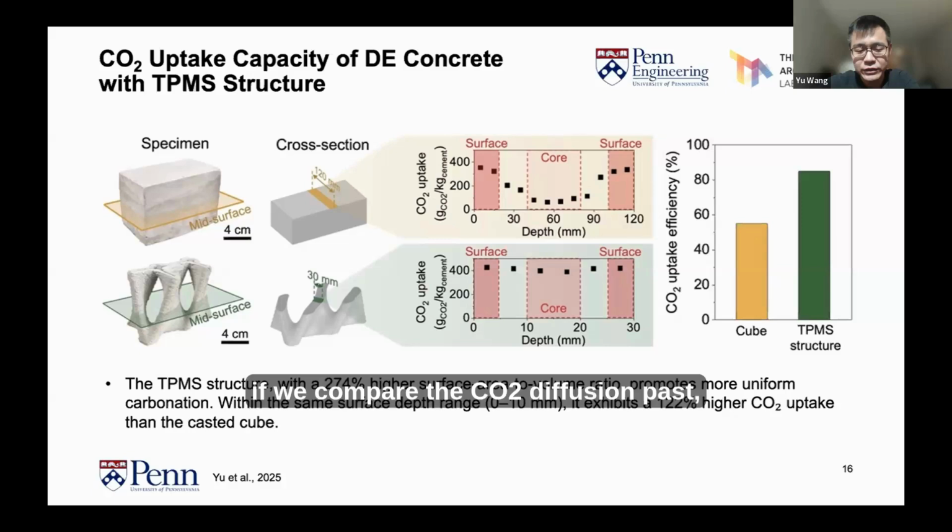If we compare the CO2 diffusion path, which we define as surface region and core region of the sample, for the traditional concrete sample, we can see a reduction of the CO2 uptake capacity as we go deep inside the sample.